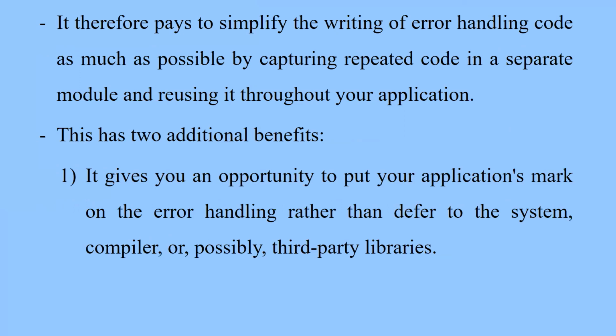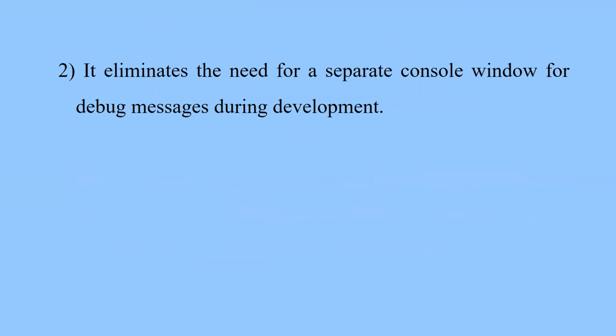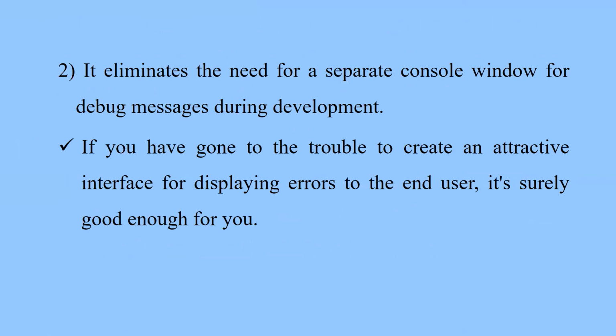Number one, it gives you an opportunity to put your application's mark on the error handling rather than defer to the system, compiler, or possibly third-party libraries. Secondly, it eliminates the need for a separate console window for debug messages during development. If you have gone to the trouble to create an attractive interface for displaying errors to the end user, it's surely good enough for you.